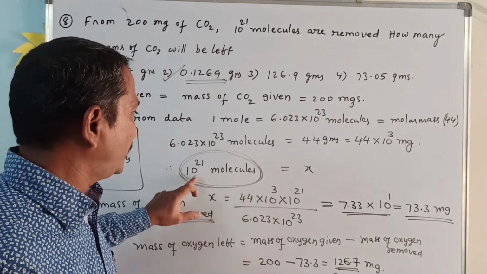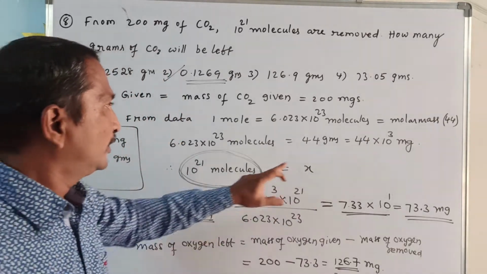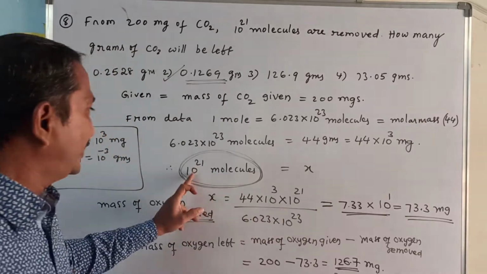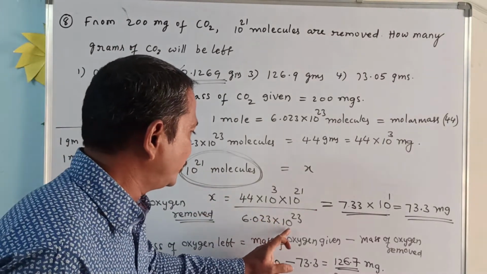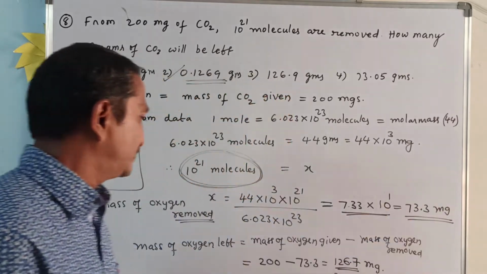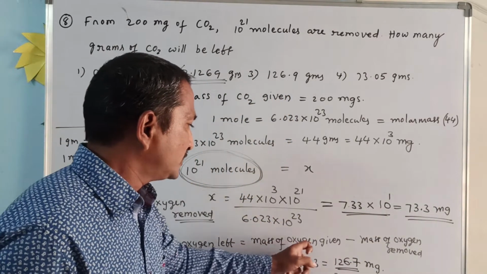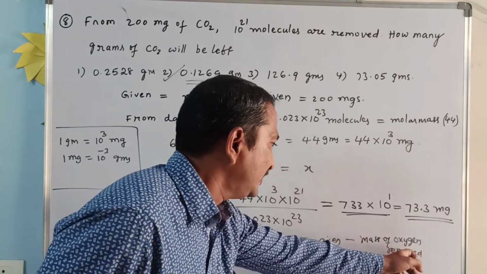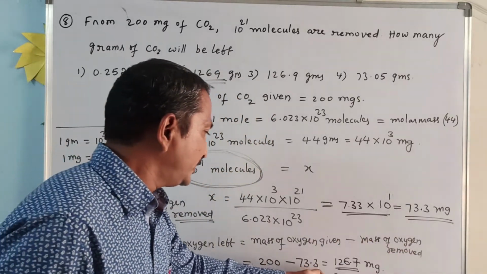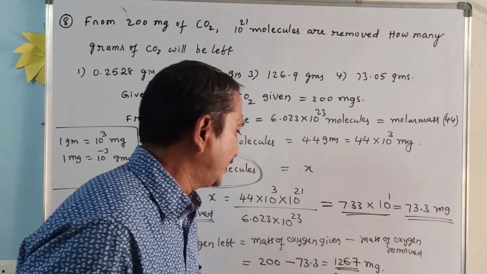What is the mass of 10 power 21 molecules? Let it be X. X is equal to 44 into 10 power 3 into 10 power 21 by 6.023 into 10 power 23, which is 73.3 milligrams. Now the mass left is the mass given minus the mass removed: 200 minus 73.3, nearly 126.7 milligrams.